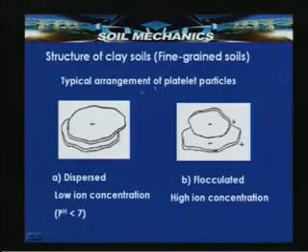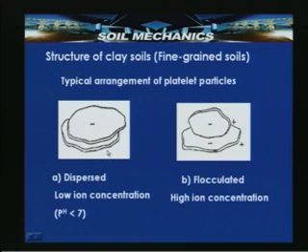Here a typical arrangement of the platelet particles is shown. A typical plate shaped particle is shown in a dispersed arrangement at low ion concentration, where the medium is predominantly acidic, which can yield a dispersed state.